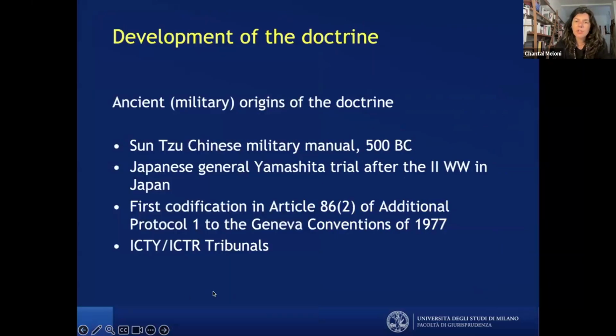And after the Yamashita trial, we got the first codifications at the international level, and the most important one is to be found in Article 86.2 of Additional Protocol 1 to the Geneva Conventions of 1977.